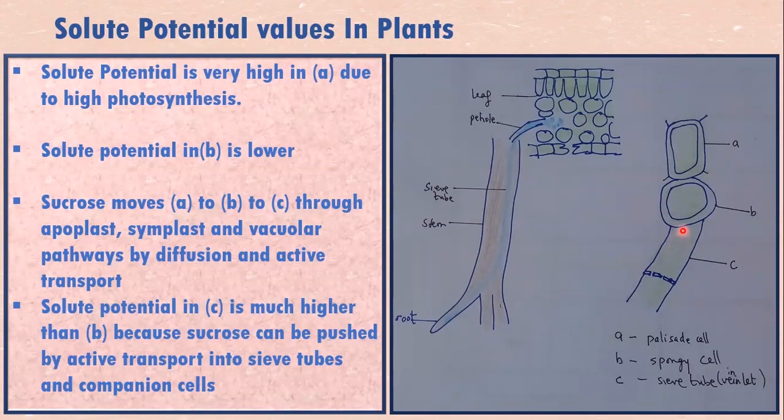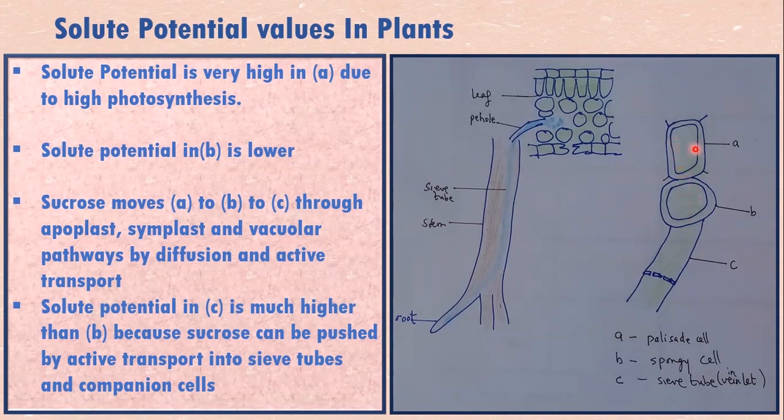And when the substances are moving into the sieve tube or companion cells, the substances can move by active transport and actively push the sucrose into the sieve tubes using energy from ATP. So the solute potential, the highest in the palisade cell, can be lower.